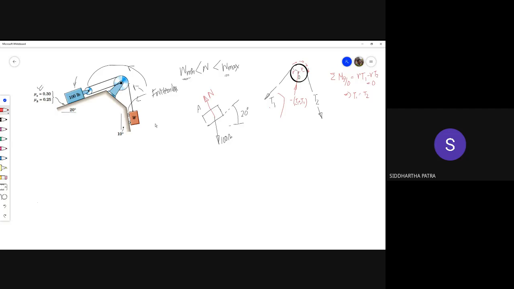Okay, so there is a normal force, and the direction of the friction force would depend on the case. Let's say case 1, when we say that the system moves left. That is, we are trying to find out W min. If the system moves left, the friction force acts to the right. Okay.